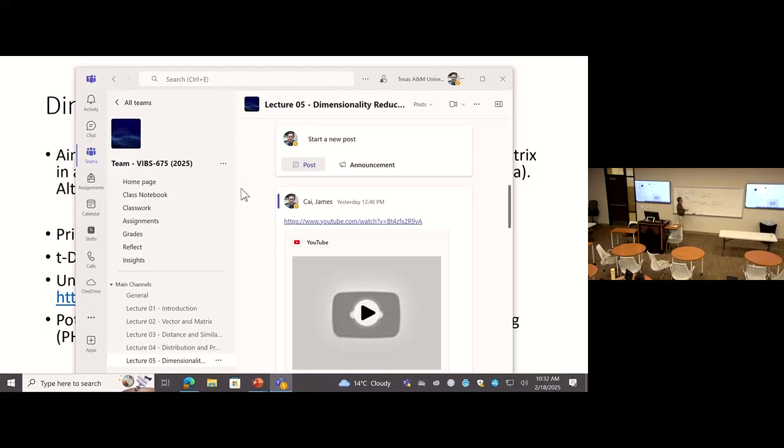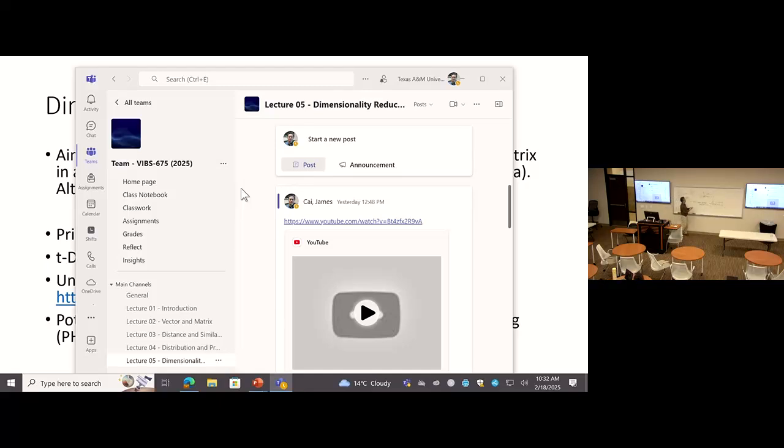So that's our purpose. We try to find this new green line, a new axis system, a coordinate system, to allow the projected distance to be the largest in total. So that's the purpose of PCA.